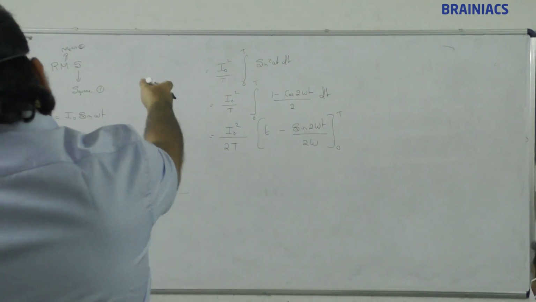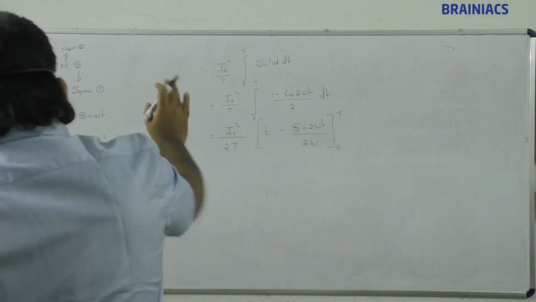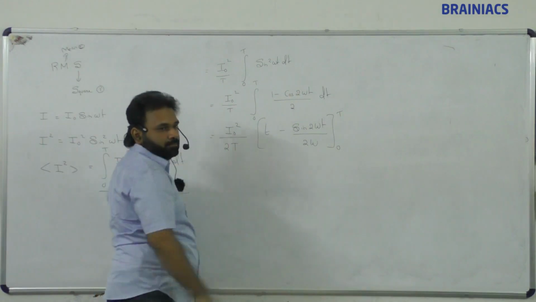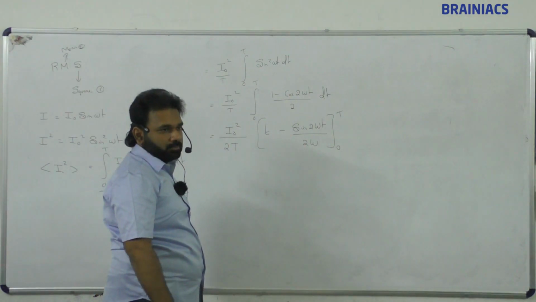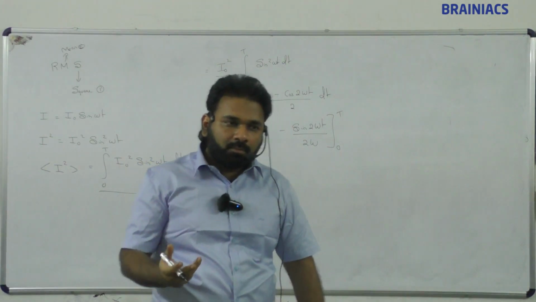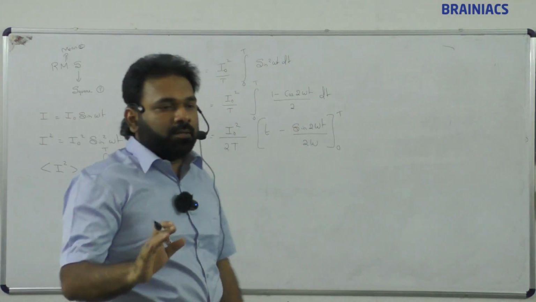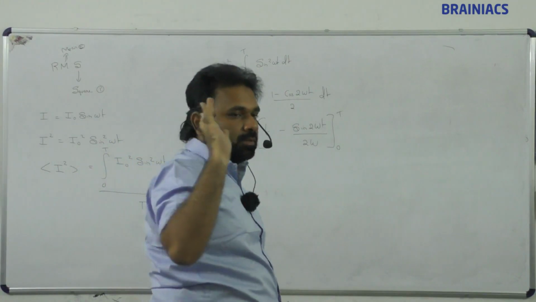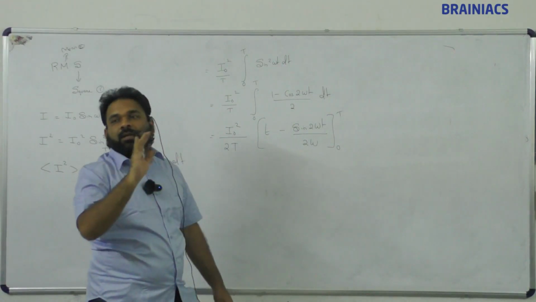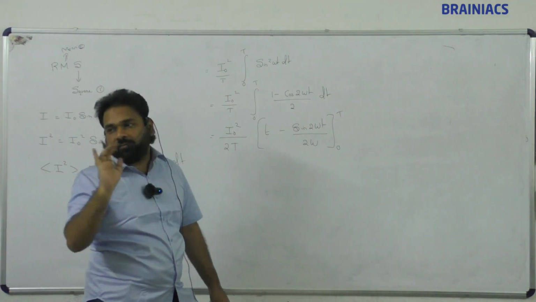Actually, should we do this much? Should we integrate this term? Is it required? The average value of sine and cos will become 0 anyway. You can verify after going home by directly putting 0.